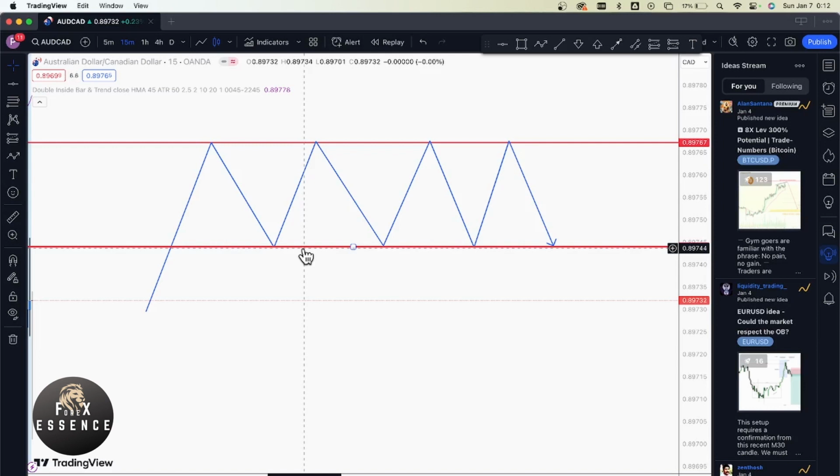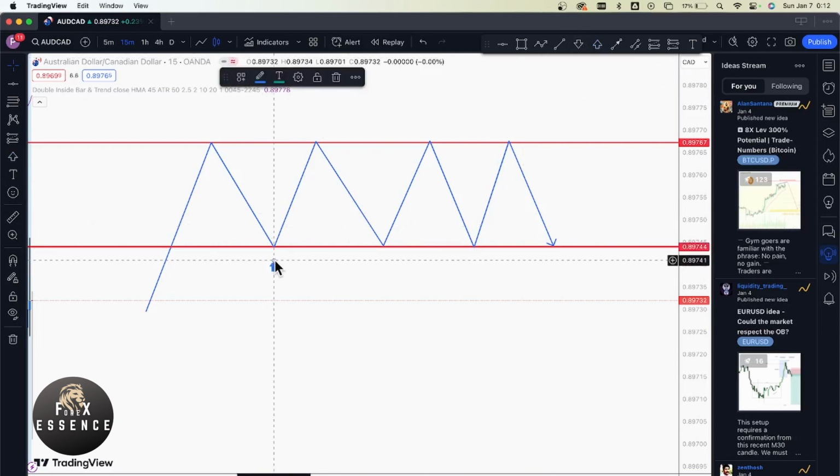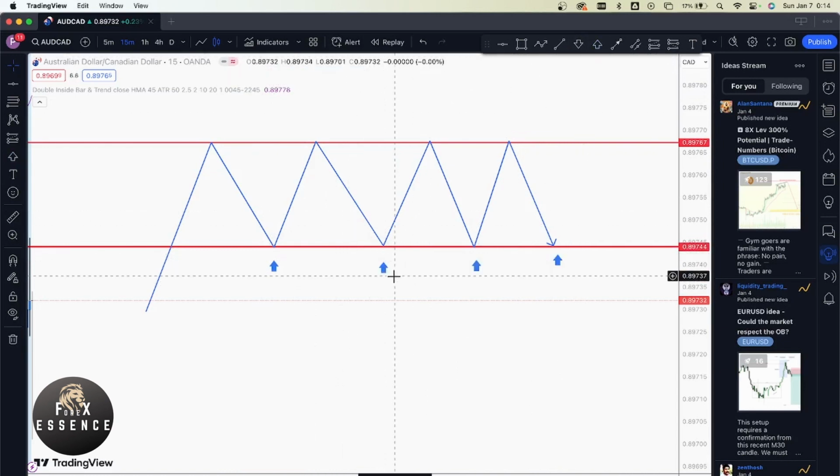In simple, plain terms, support is basically an area found at the bottom. A support is basically a floor, or let's assume it's the ground that the market bounces on.